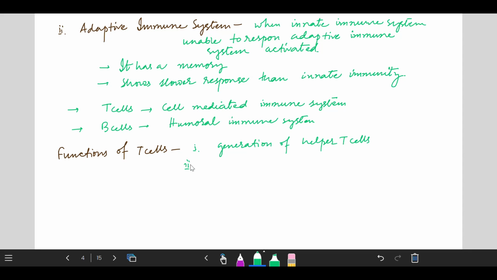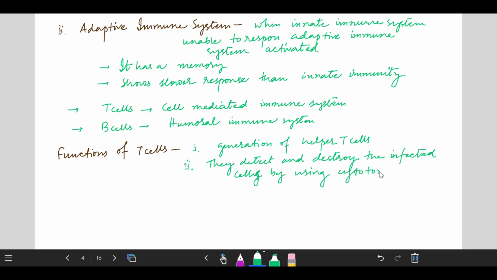So they detect the pathogen and destroy it by using cells like cytotoxic T cells. These are the two types of T cells I previously told. Another category is some helper T cells convert to memory T cells which can identify or remember the germ. That is memory T cells.